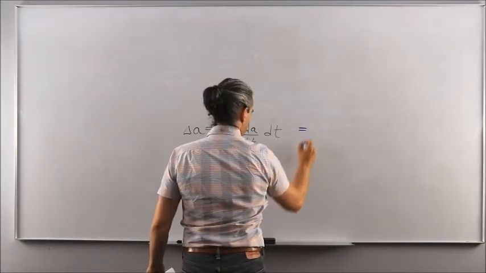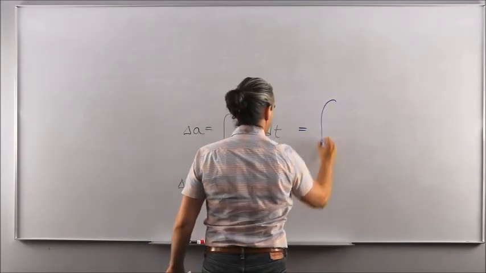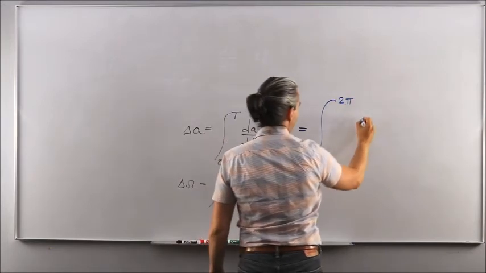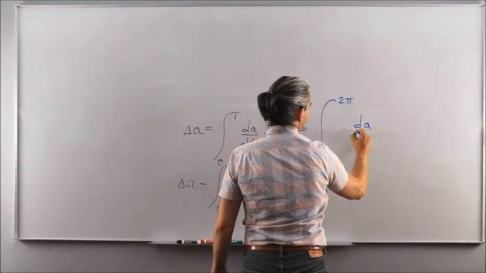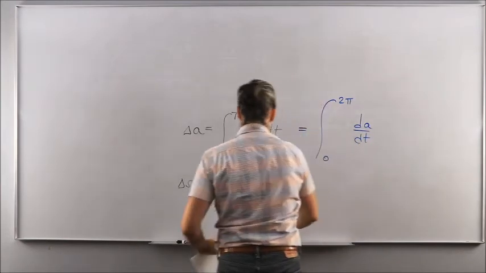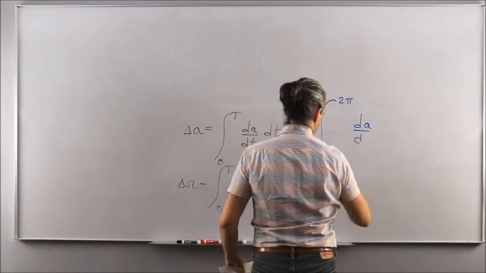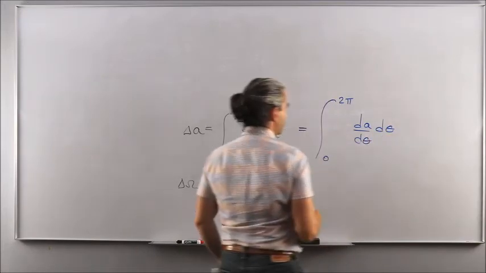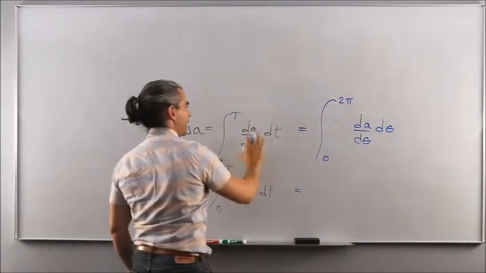So it turns out that taking the integral from 0 to 2 pi of dA dt, or d theta, like that, is a lot simpler than that version.